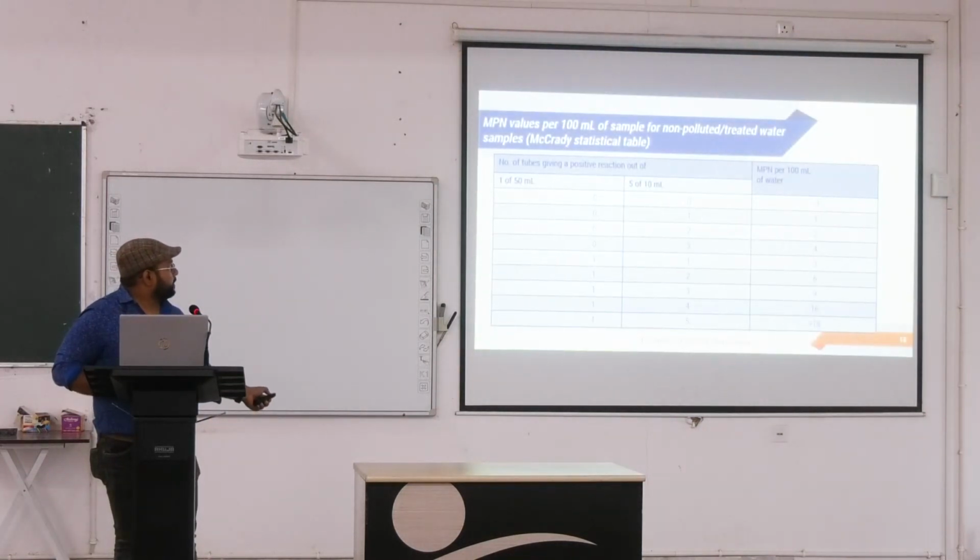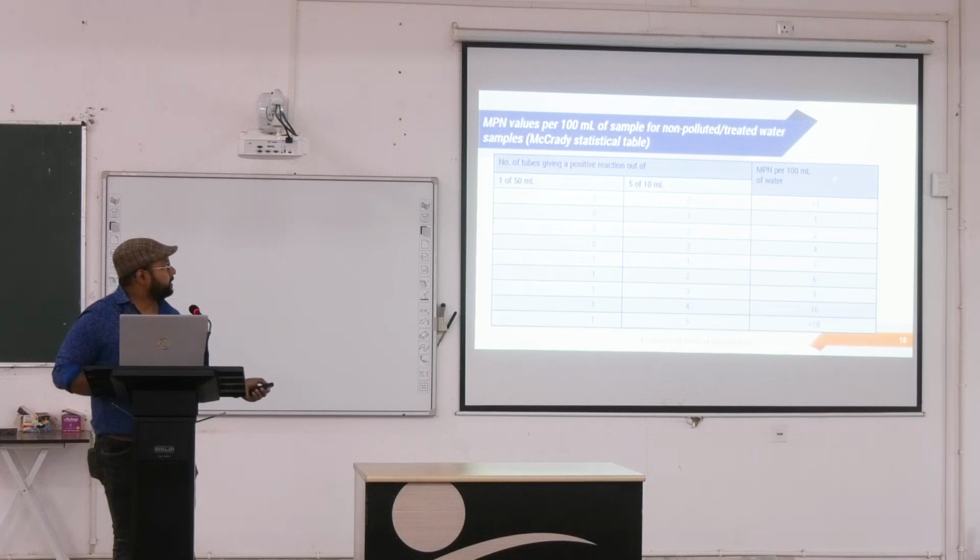Suppose the 50 ml bottle is positive and one 10 ml bottle is positive, then the MPN is 3. If the 50 ml is 0 and all the 10 ml bottles are 0, then it is less than 1. If it is 0 and 2, the MPN number is 2. And the highest is when the 50 ml is positive and the rest of the 5 10 ml bottles are positive, then it is more than 18.